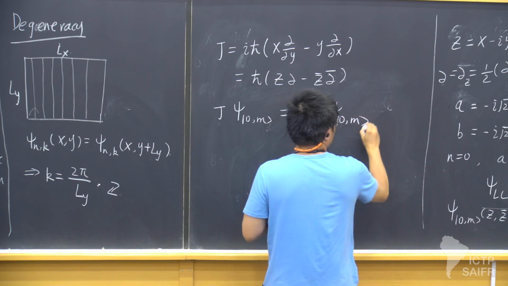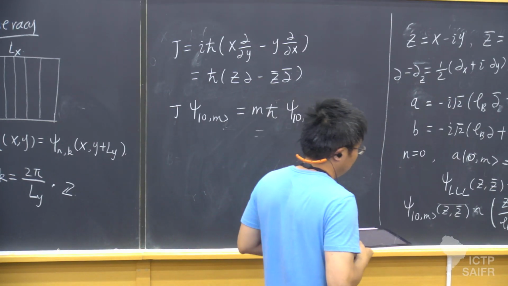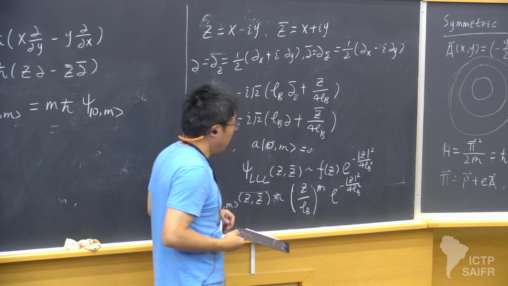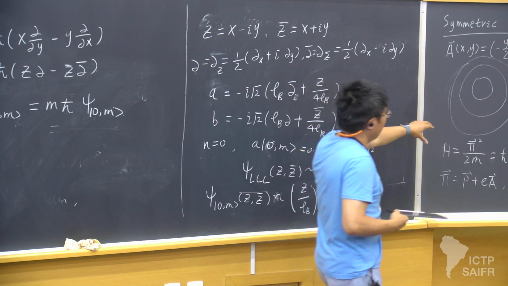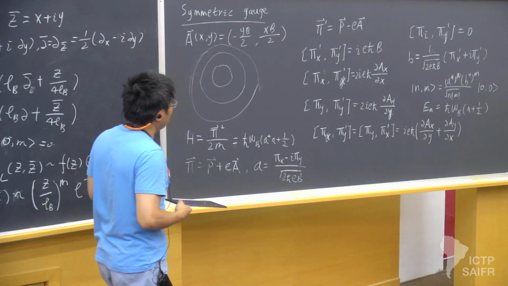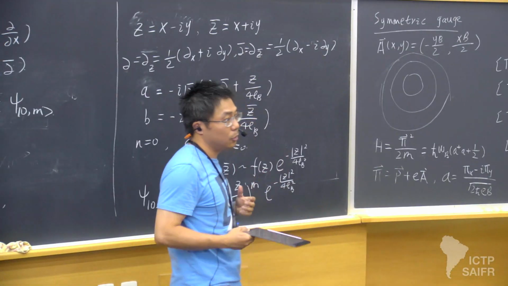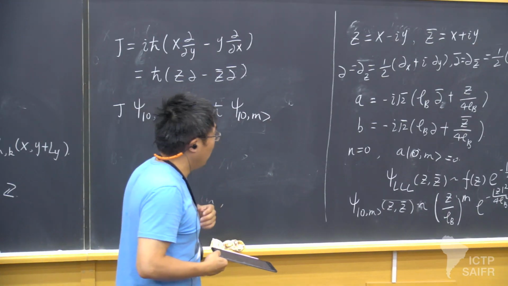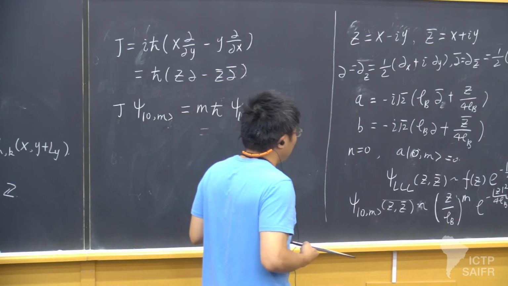That tells me that the picture that we conjectured at the beginning is right: since my vector potential preserves the angular momentum, I should get wave functions that have a good quantum number of angular momentum.